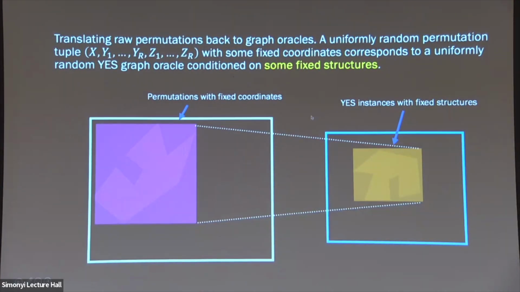And what we're really proving a query lower bound for is, can a quantum algorithm tell between whether you have a uniformly random yes instance with some fixed structures, or a single connected component with those same fixed structures.